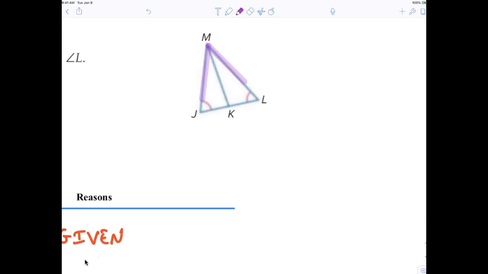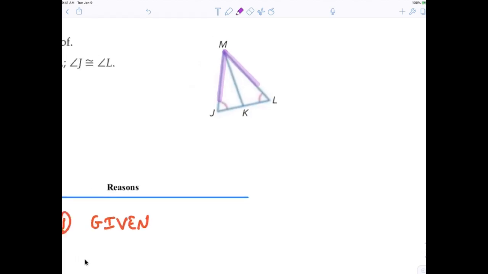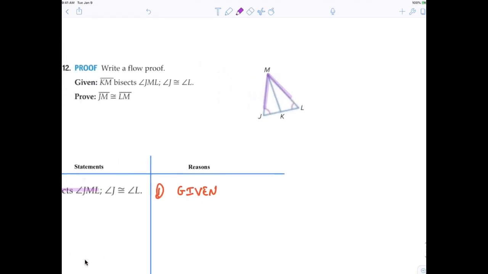Yes. What is true because it's bisected? That's what you have to tell me. Come on now. Read it to me one more time. What does it say? Right here. What does bisect mean? Yeah, so if something is bisected, what's true about the two parts?